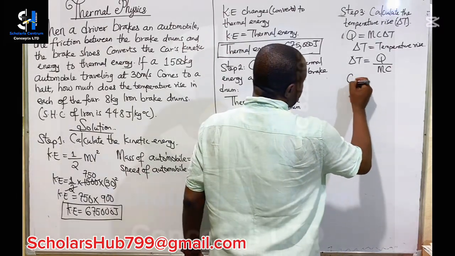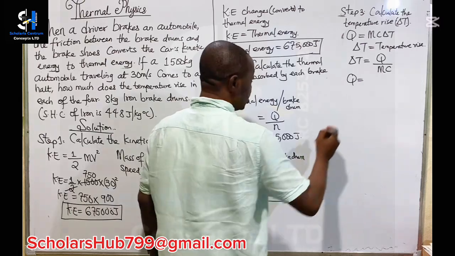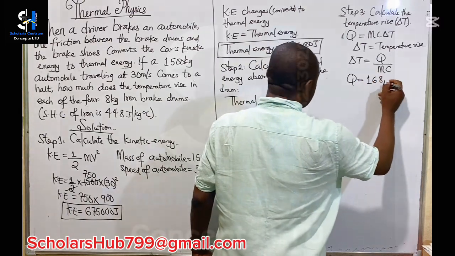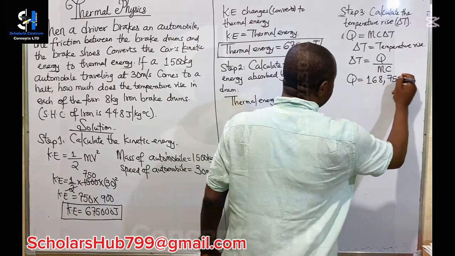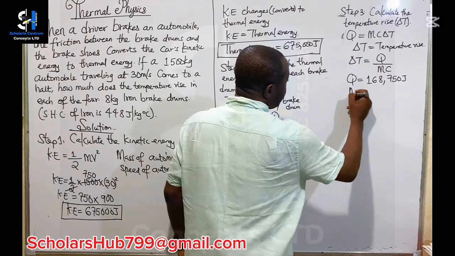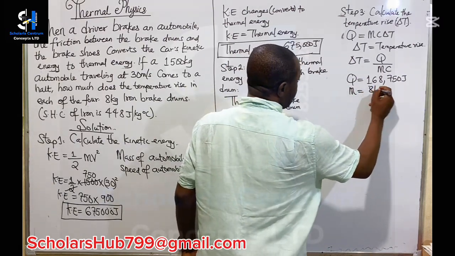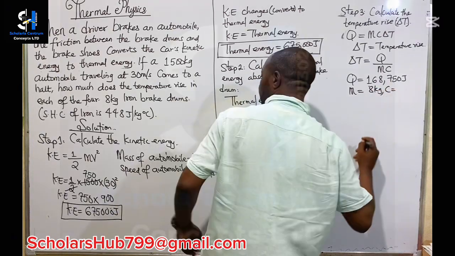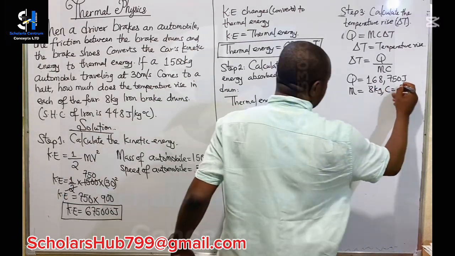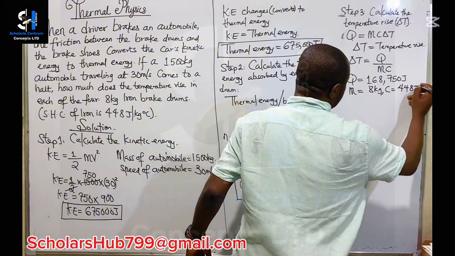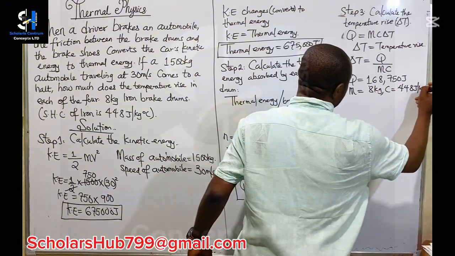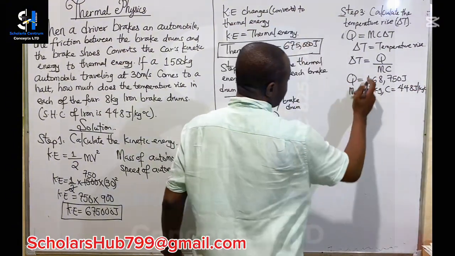The value of Q is 168,750 joules. The mass of iron is 8 kilograms. We're also given the specific heat capacity of iron to be 448 joules per kilogram per degree Celsius. So let's plug in the values.